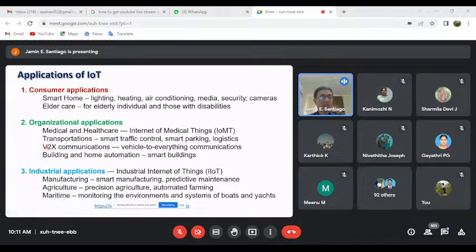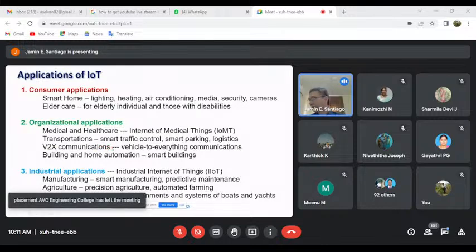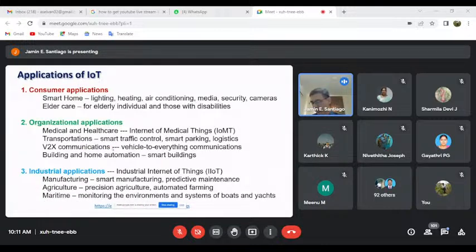Now, another thing is the V2X communication. So far, we have not yet made a project about this, but some lecturers in our university in the IT department have done some projects about this. The part of the vehicle to everything communications.